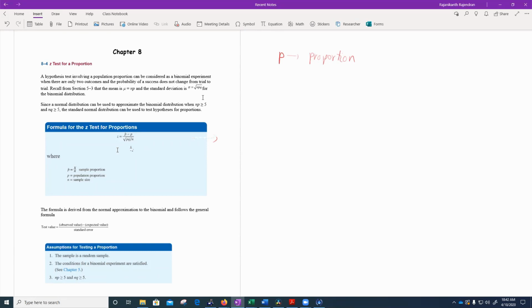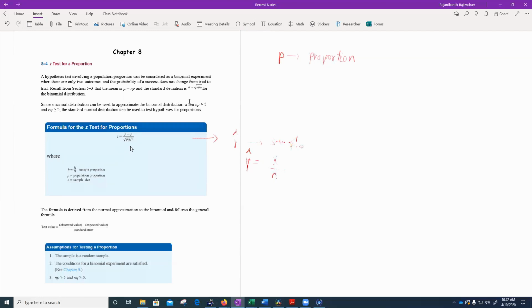So here my test value is going to be p hat minus p over square root of p times q over n. Okay, so now this is my test statistic. So what is here p hat? P hat is coming from your sample, right? What is that? The formula says that p hat is going to be x over n, right?